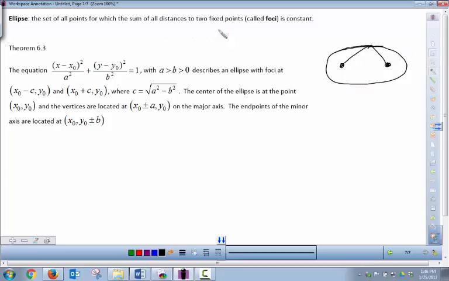So the ellipse is all points with the same sum of distances to two focus points, or foci. That's like the string. The string's length will never change. And wherever you are with your drawing utensil, you're always going to have the same sum of the distances from that point to each of these focus points.